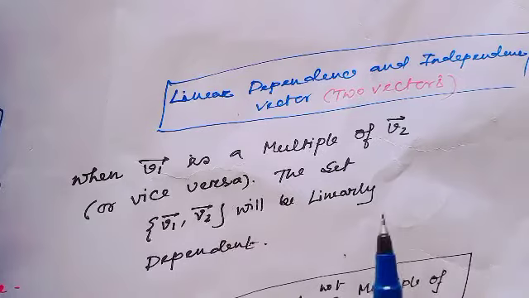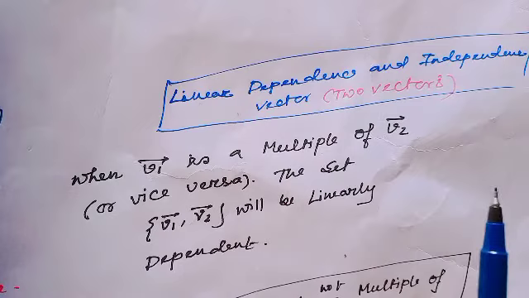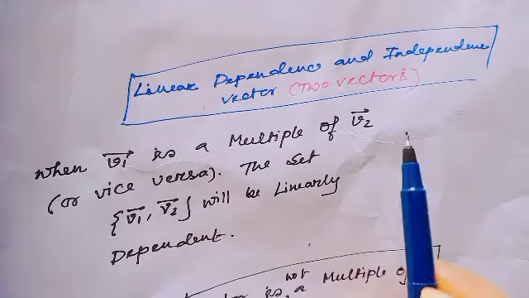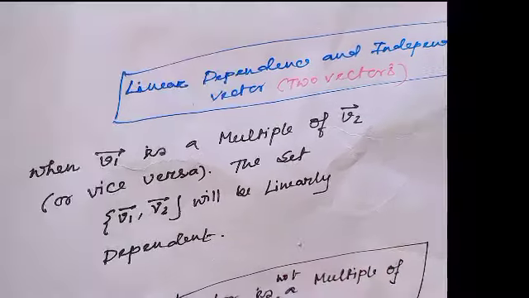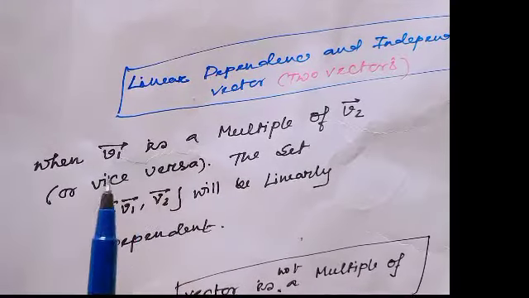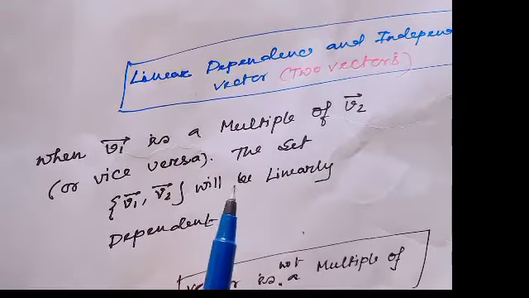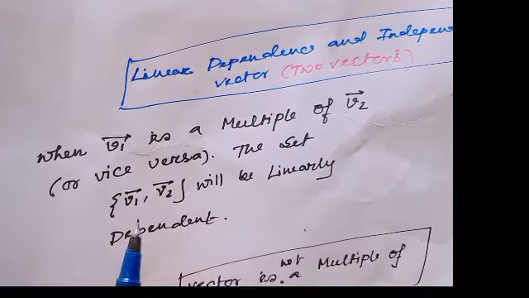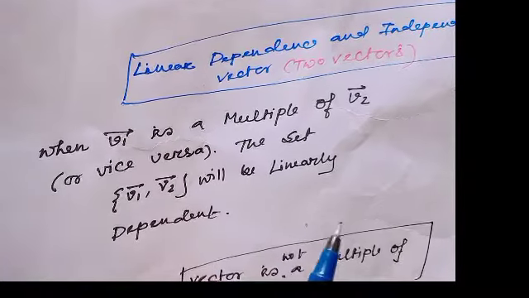See, at first, the first goal of this lecture, linear dependence and independence of vectors. To find linearly dependent and independent vectors easily, at first just consider two vectors v1, v2. When the vector v1 is a multiple of v2 or vice versa, then the set containing the vectors v1, v2 will be linearly dependent.